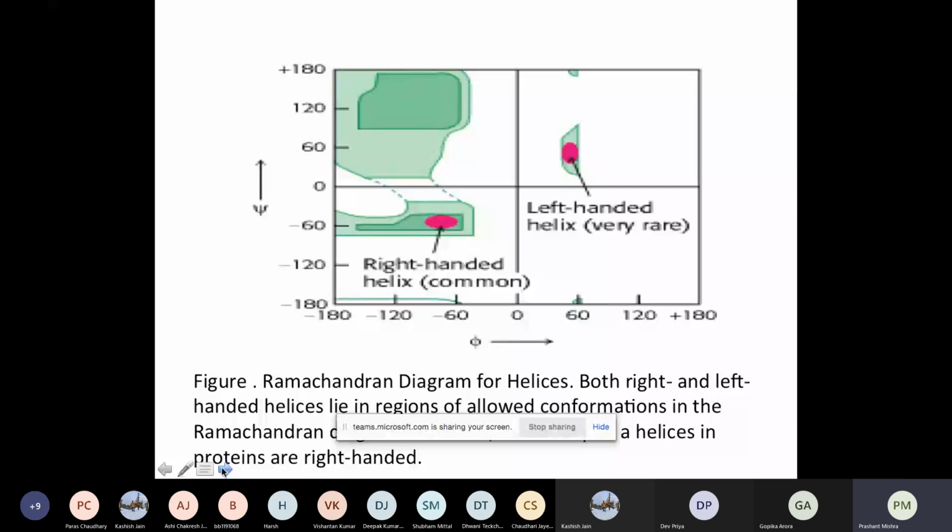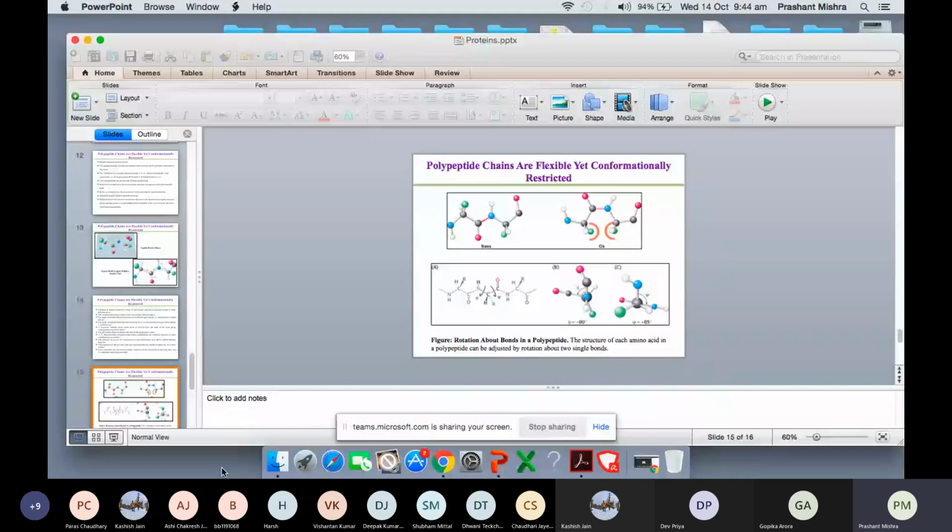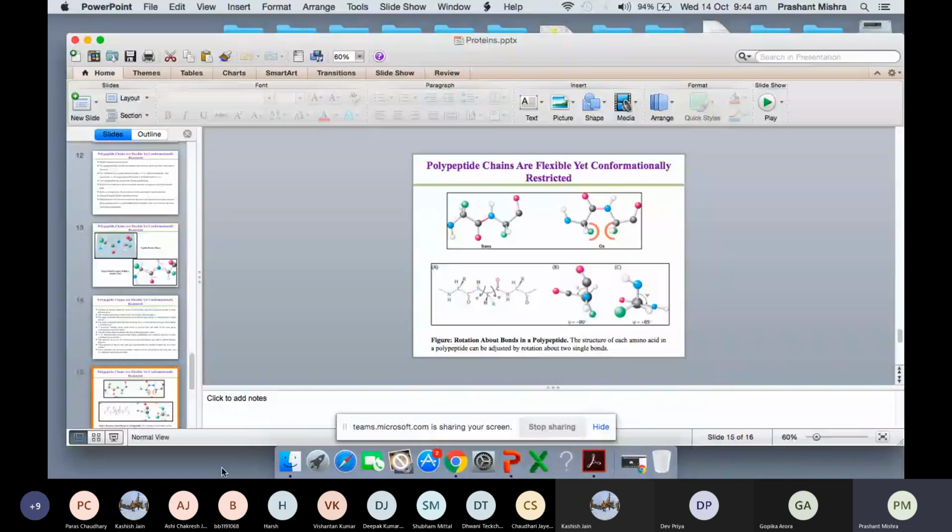Now with this I have covered the primary structure of the protein, the possible rotation in the primary structure of the protein. So what have you learned today?